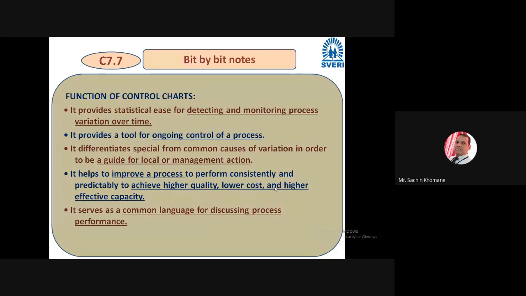Then this control chart will guide you for local or management action. I have given an earlier example of technical, but non-technical also, maybe for management of things. Suppose every month your rejection rate is only 10%, and it is observed from that control chart. How many points above the upper limit? Suppose only 10 out of 100, 10% rejection.